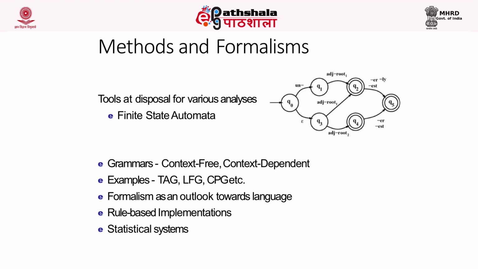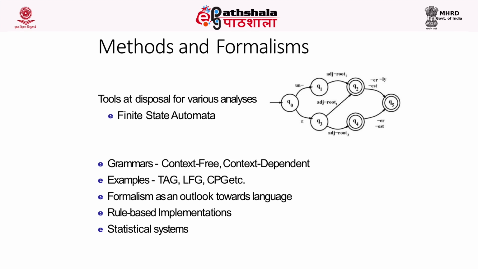The kind of grammars that are available for developing computational models are considered to be of two types. One, context-free, and the other context-dependent. Phrase structure grammars, for example, are context-free grammars because on one side you don't have any context, you just have rules.